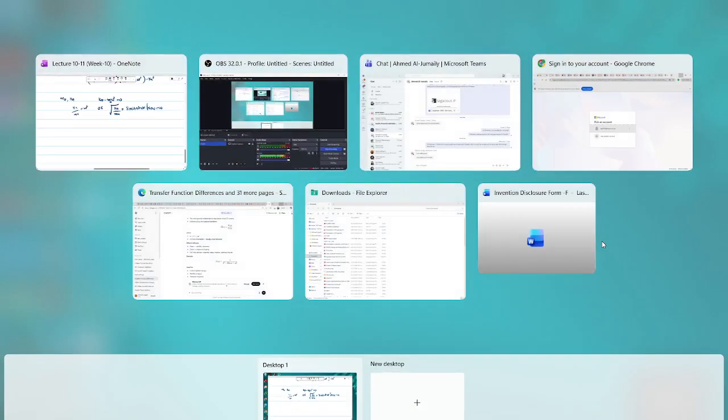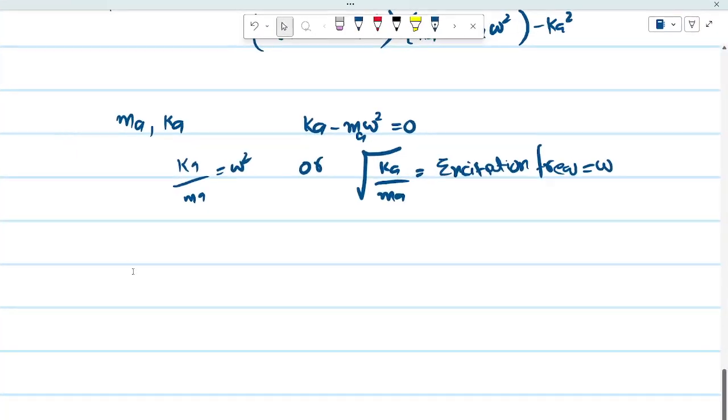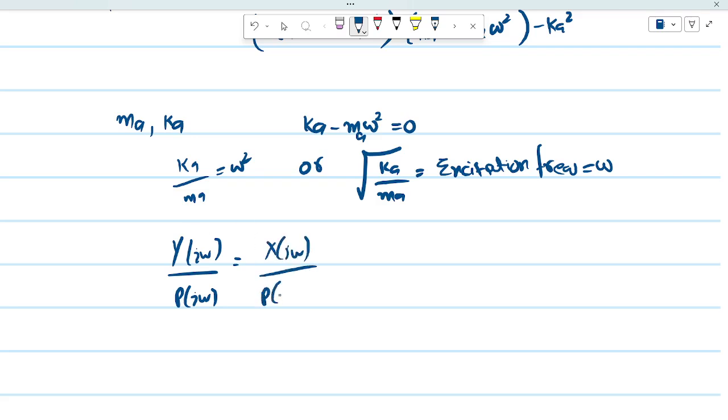So we can even calculate this one. We can say Y iota omega over P iota omega, which is the second coordinate of the system, is equals to X iota omega divided by P iota omega into Y iota omega divided by X iota omega.